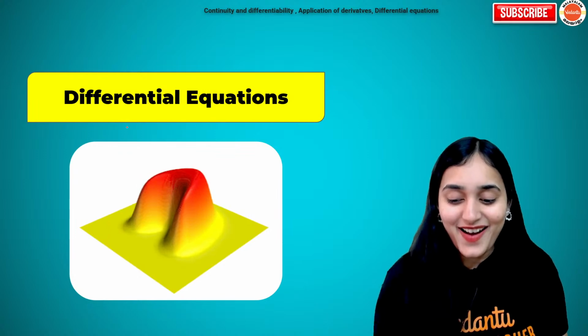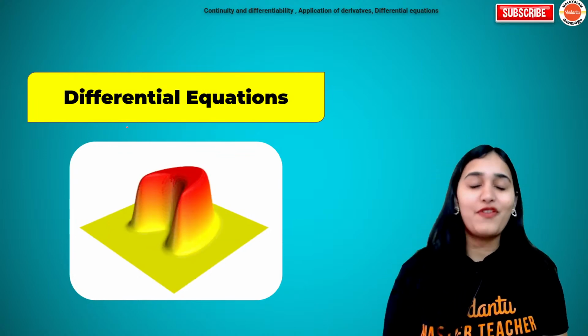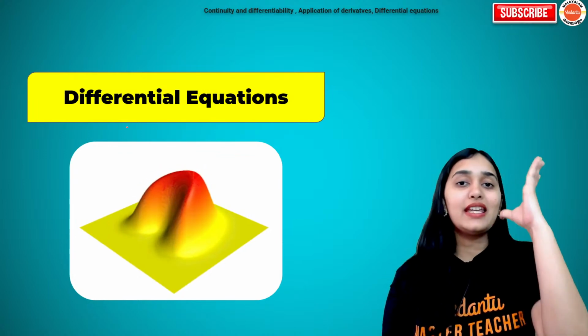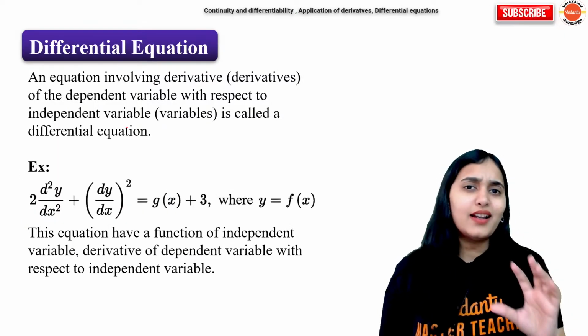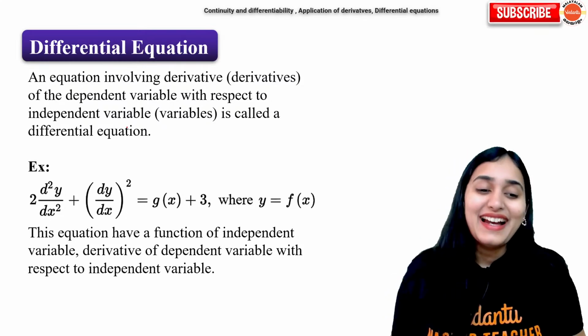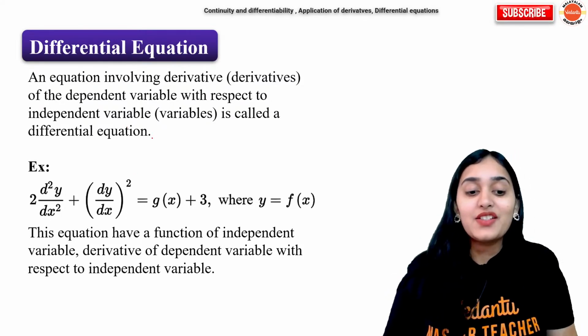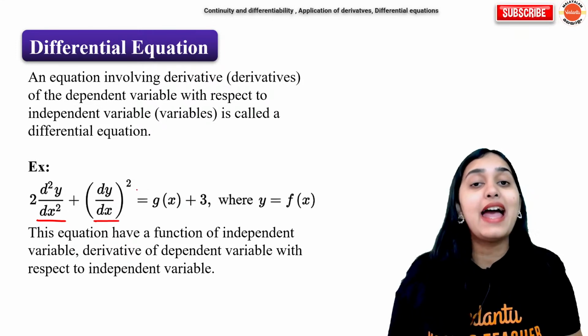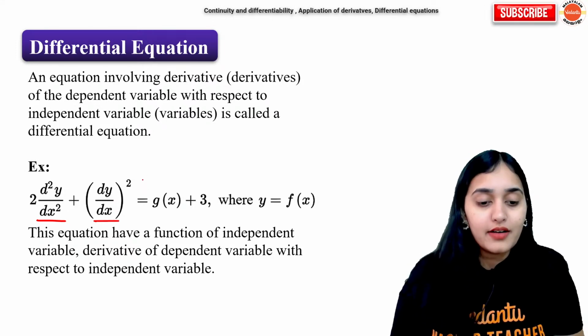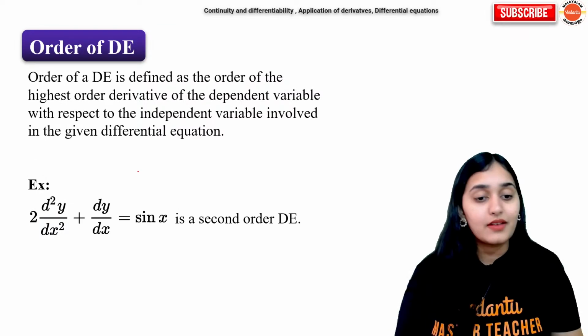Awesome. Next is differential equations. Very, very easy. Very, very quick chapter. Now, what is a differential equation? Any equation which is made up of derivatives and its higher orders is called a differential equation.